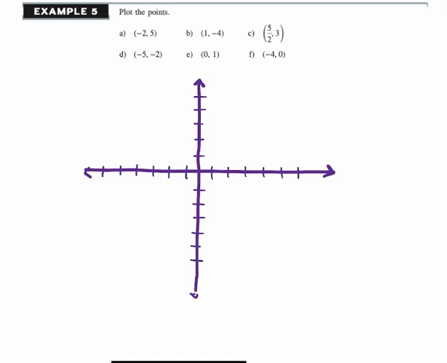Okay, and we put little arrows at the edge because this goes on infinitely in all of these directions. We could go as far as we want to.